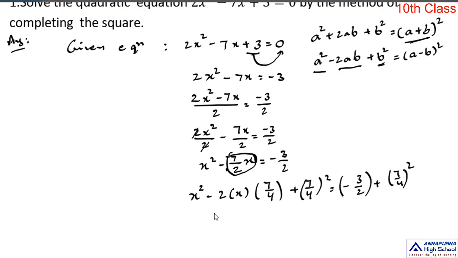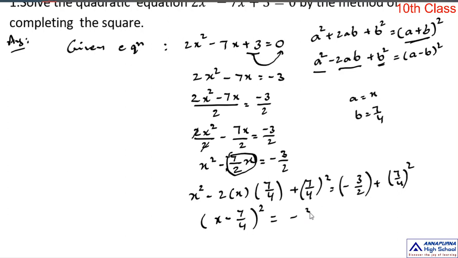So here a is equal to x and b is equal to 7 by 4. So the left side part is completely changed to a square minus 2ab plus b square, which is a minus b, that means x minus 7 by 4 whole square, is equal to, on the right side we have two terms, and the two terms are constant terms, so we can easily simplify them.